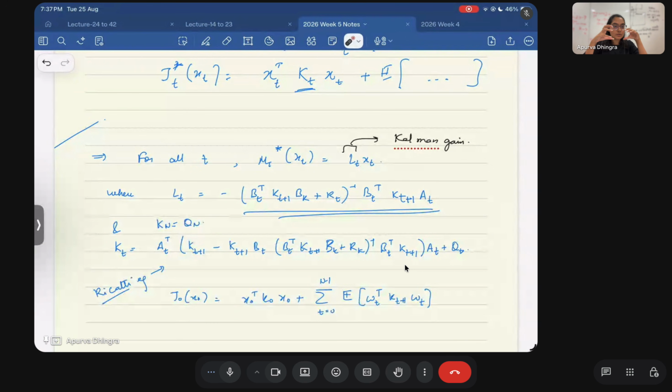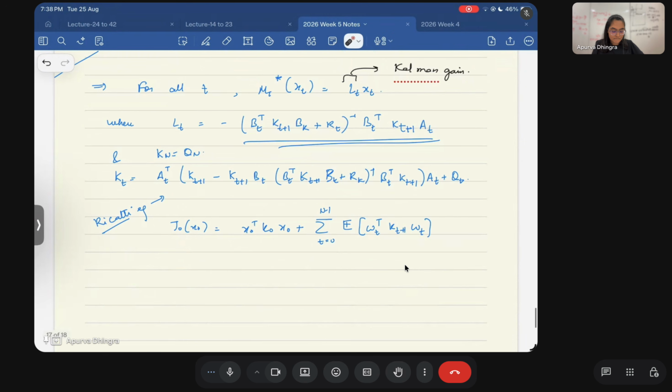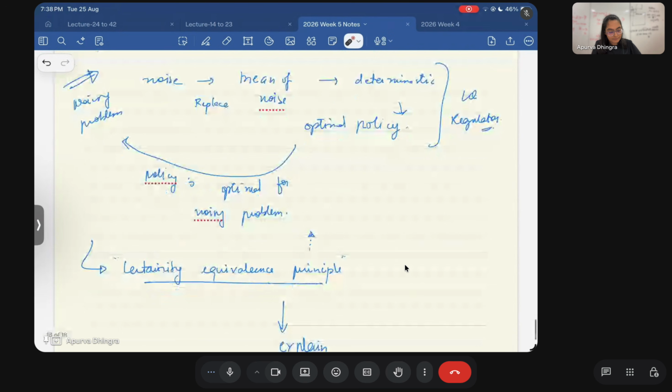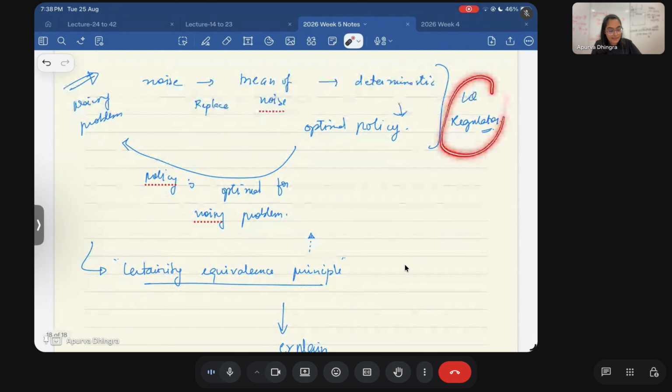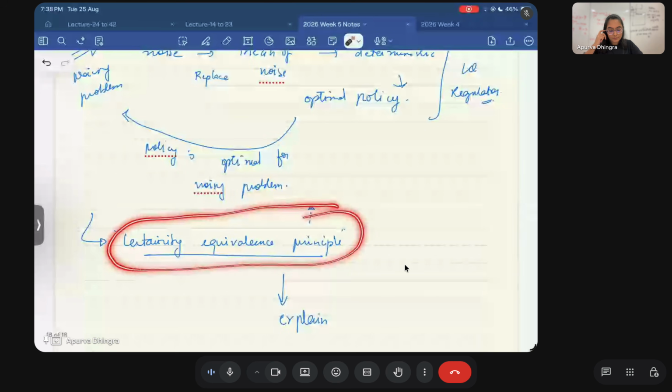So now the mean of the noise is the central point based on which you can classify different problems, and then just solve one of them and you get the policy for all of them. And this principle, which happens in LQ regulators, the LQ problem, is called the certainty equivalence principle.